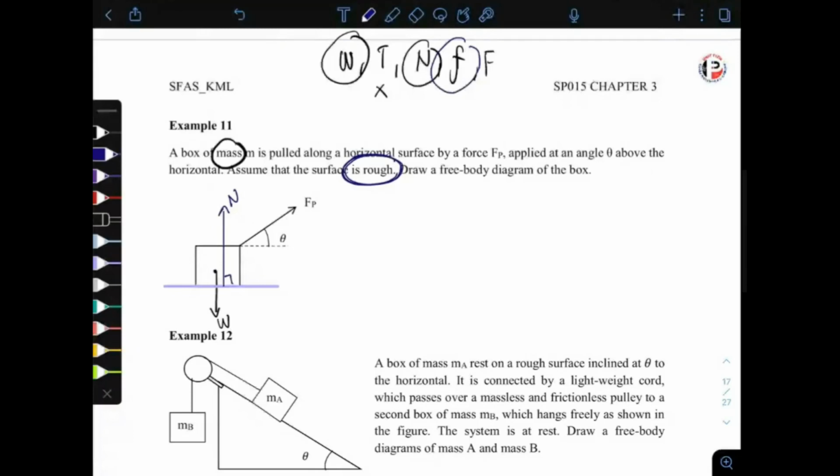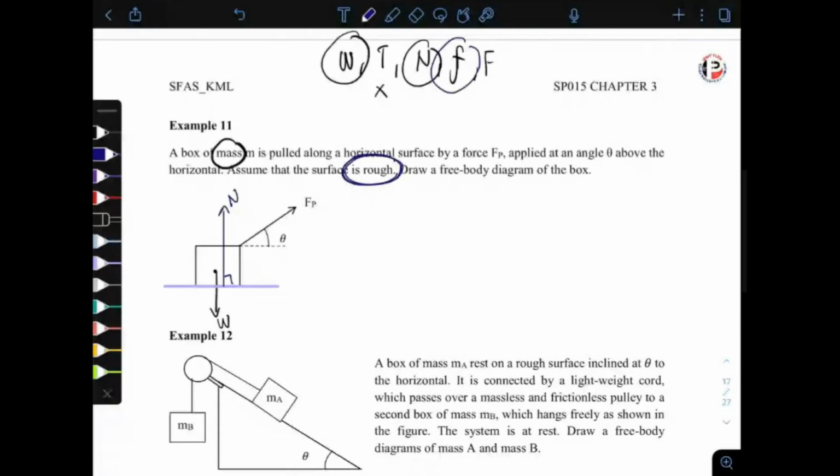Dia dah mention dalam soalan kata the surface is assumed to be rough here. So maka permukaan kita adalah rough. Maka bila rough, dia akan ada friction. And your friction must be parallel to your surface. Surface kita adalah x-axis sekarang. Maka kamu punya friction pun along x-axis. Cuma direction dia depends on in which direction your object will move.